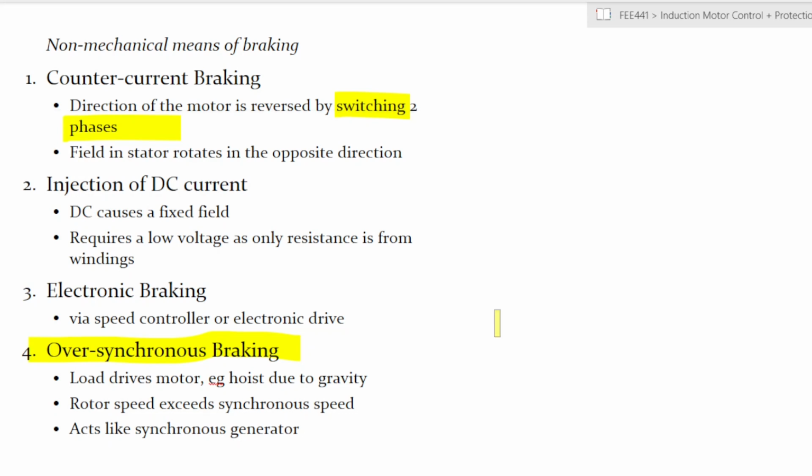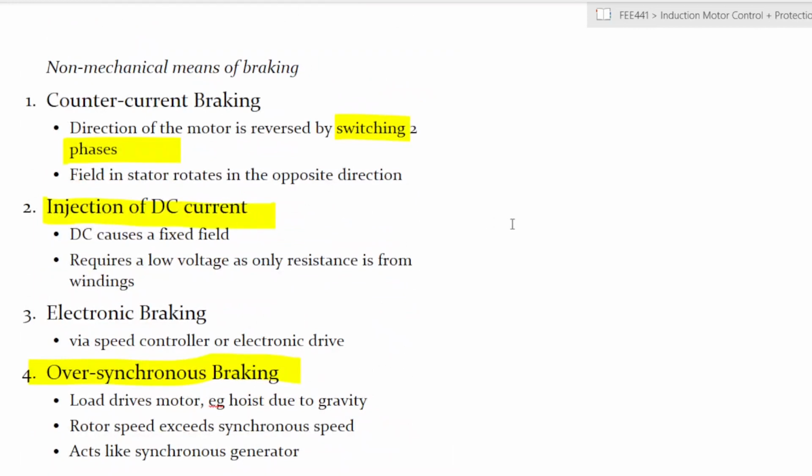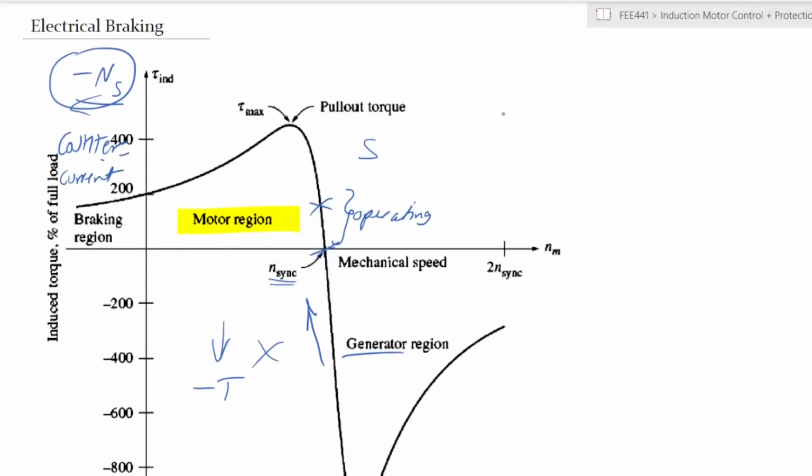Now, two other methods of electrical braking instead of using mechanical braking. One of them is the injection of DC current. Normally, in the motor region, you'd have your rotating magnetic field running at synchronous speed and your rotor running at a mechanical speed with a slip of S. In the case of DC injection, instead of having ns, you then have a speed of zero.